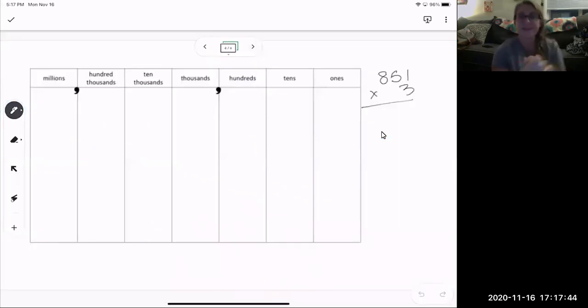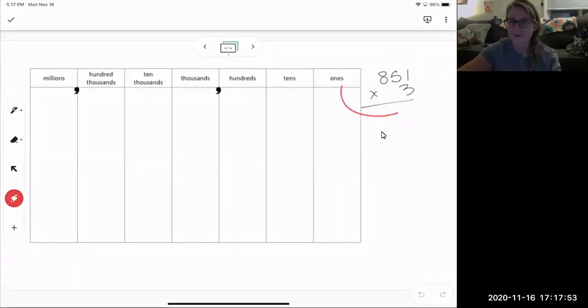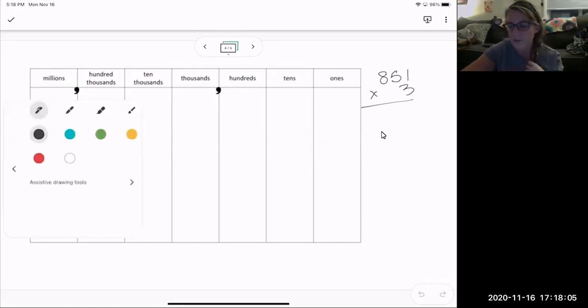Okay, this problem we're going to do backwards. We're going to start with our partial products over here, and then we're going to record them in our place value chart. So let's try it backwards. You can use either of these methods, whichever one works best for you when you are doing your practice problems.